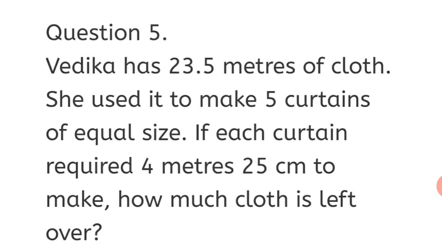Okay. Now Vedika has a total of 23.5 meters of cloth and she used it to make 5 curtains of equal size. And each curtain required how much? 4 meters 25 centimeters to make the curtain. So how much cloth is left over?